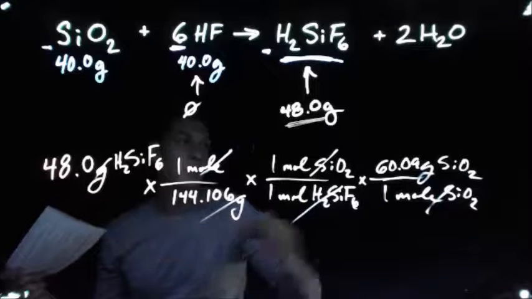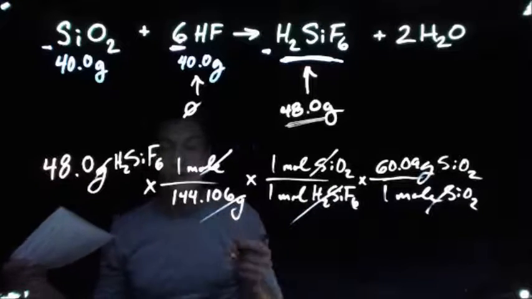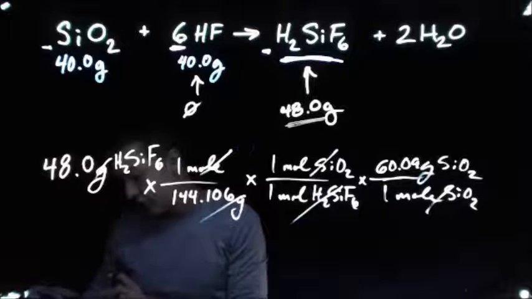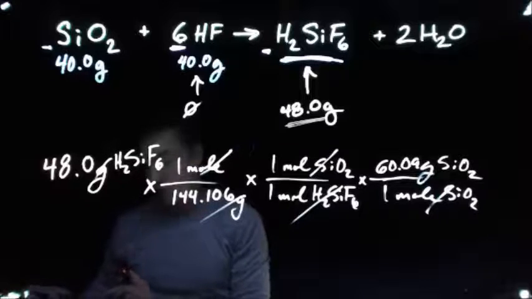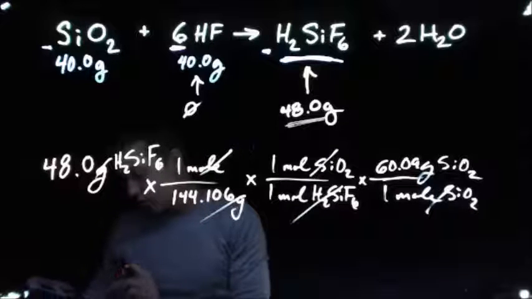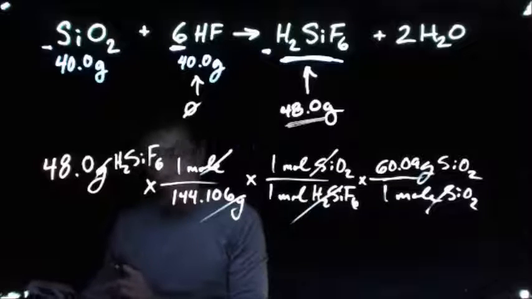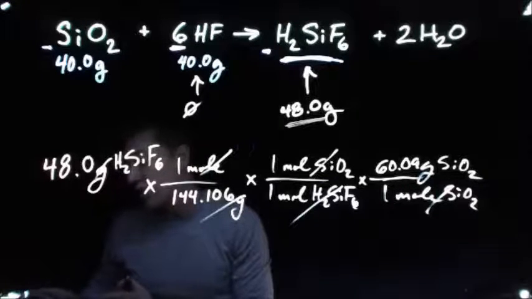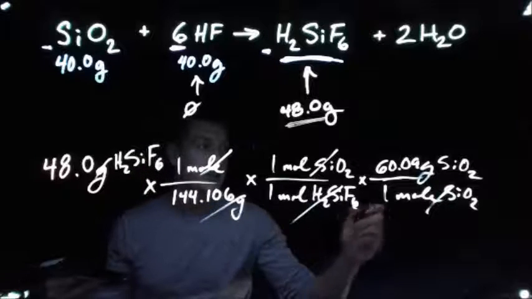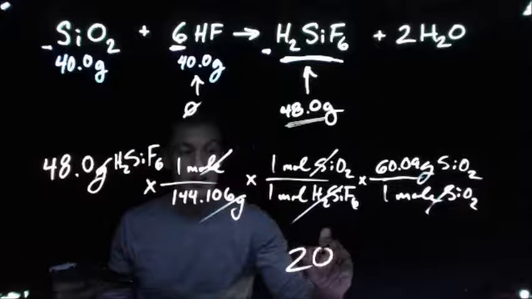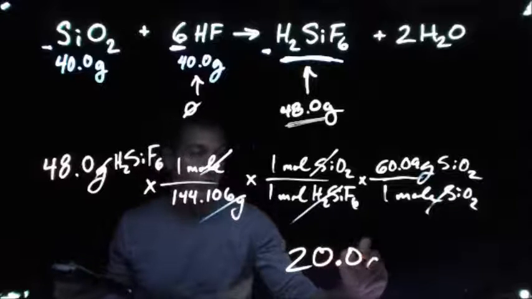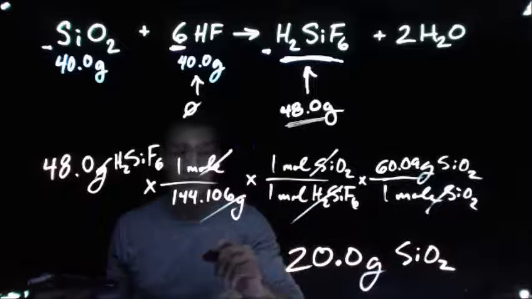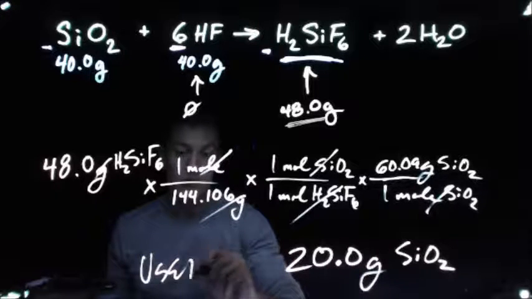So we got 48 times 60 divided by 144, and that comes out to be 20.01, and so for 3 sig figs, that gives us 20.0 grams of SiO2 used.